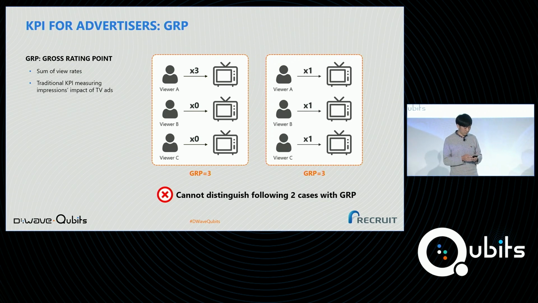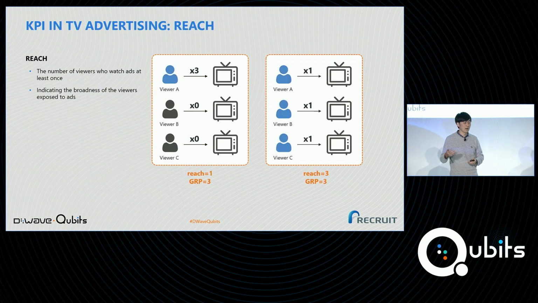To solve this problem, another KPI named reach was proposed. Reach is defined as the number of viewers who watch the advertising at least once, and reach indicates the broadness of the viewers watching the advertising. We can now distinguish these 2 cases by using reach.